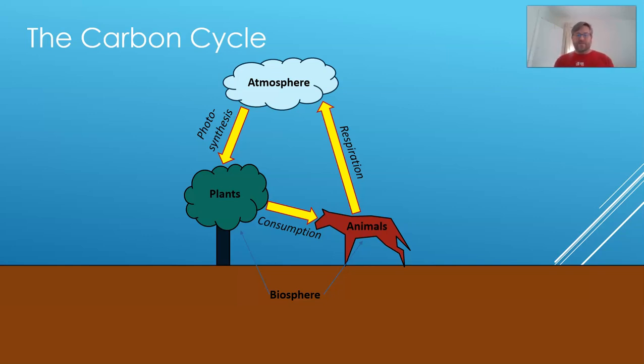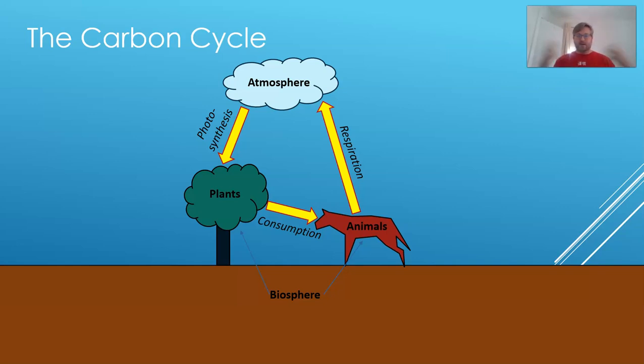Then we've got a flow of that carbon into the biosphere through photosynthesis. I've got the biosphere broken down into animals and plants for this diagram because they're functioning differently in terms of their interactions with the rest of the carbon cycle. Plants engage in photosynthesis. They take in carbon dioxide from the atmosphere and they transform that into various more complex carbon-based molecules that help them to store the sun's energy.